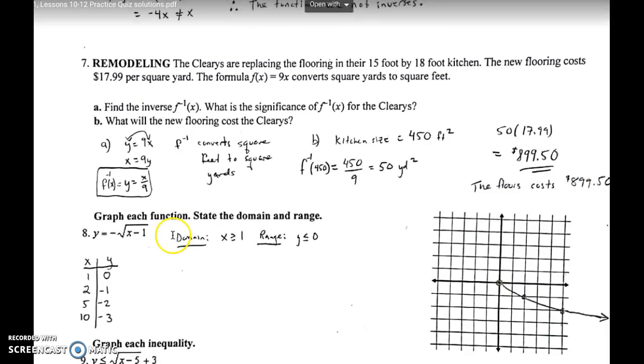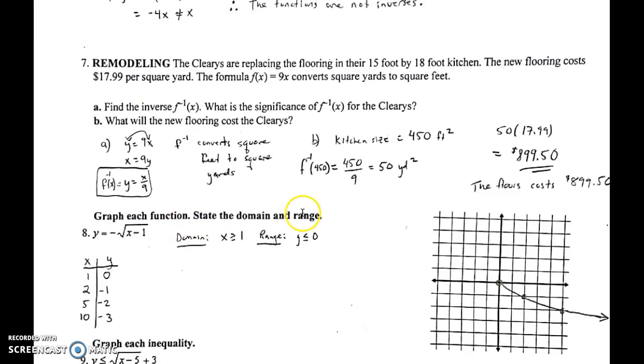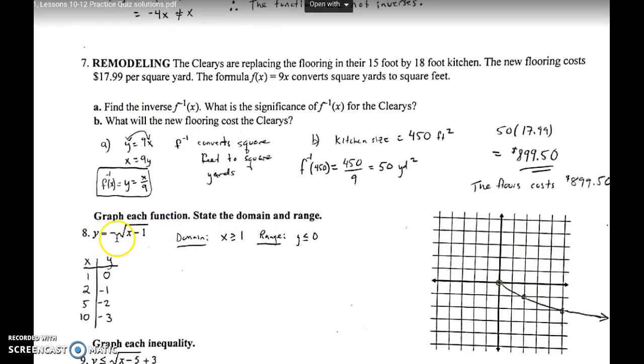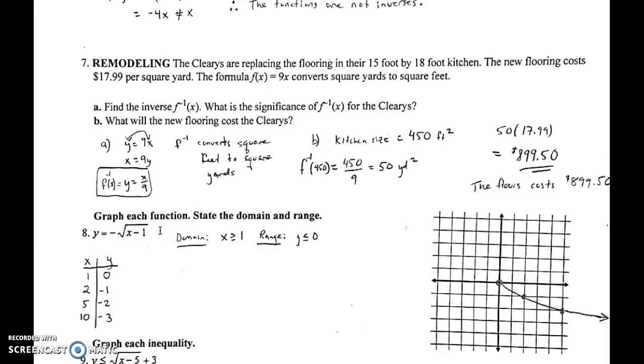Question 8. We need to graph the function, state the domain and the range for y equals negative square root x minus 1. So the first thing I'm looking at here is the shift, and I'm basing that off the formula that was given in the notes. And so I see that this graph has been shifted right one space, and it was not shifted up or down. There's no k value at the end.